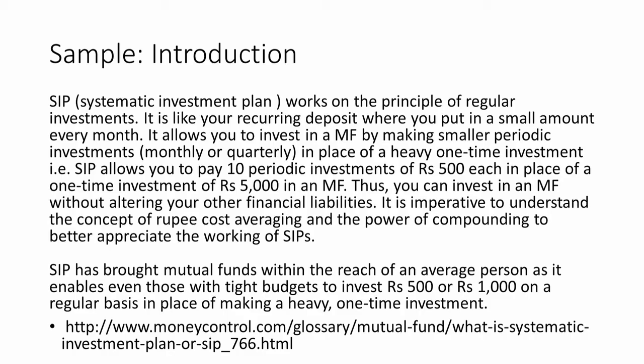It is imperative to understand the concept of rupee cost averaging and the power of compounding to better appreciate the working of SIPs. SIP has brought mutual funds within the reach of an average person, as it enables even those with tight budgets to invest rupees 500 or rupees 1000 on a regular basis in place of making a heavy one time investment.